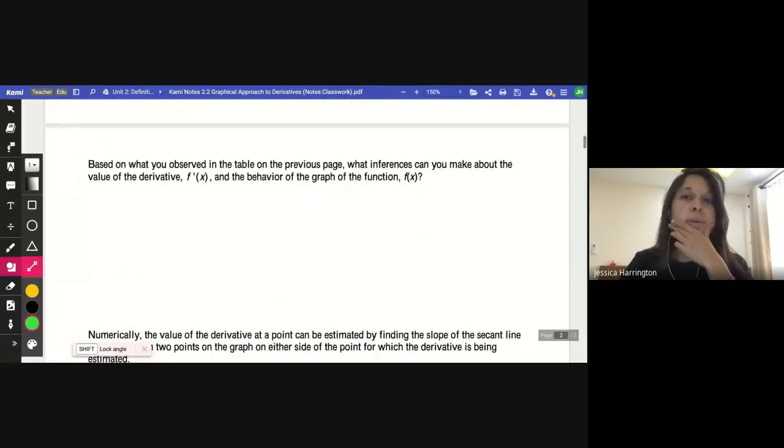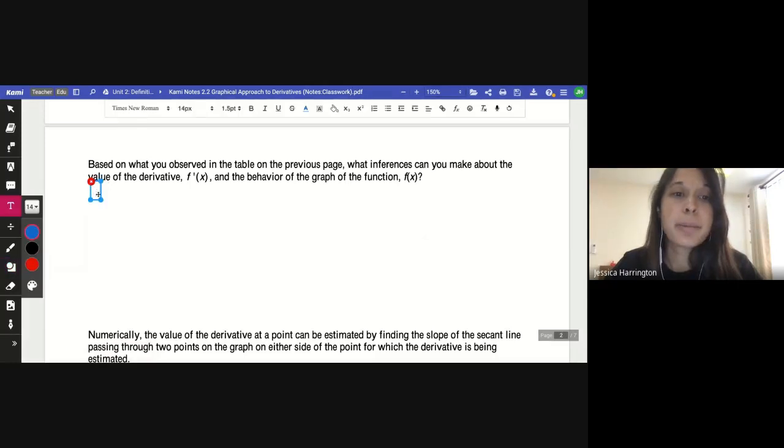So based on what we observed in the table, what inferences can we make about the value of a derivative? Well, hopefully you're noticing that if the derivative is less than 0, that's because the function is decreasing. So let's write that.